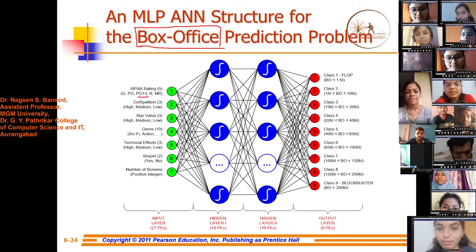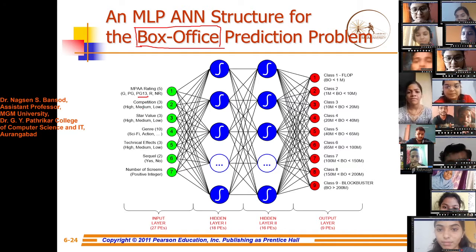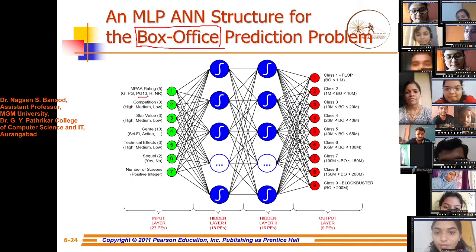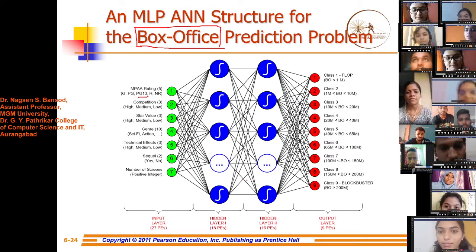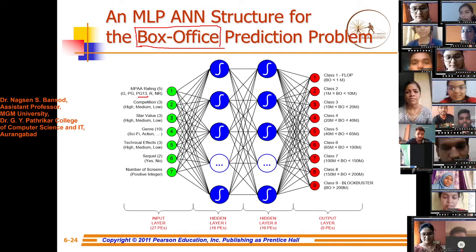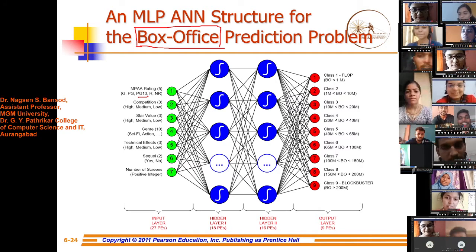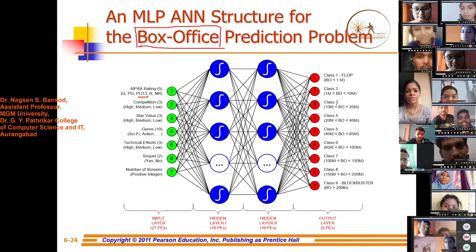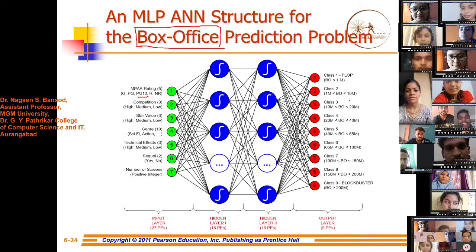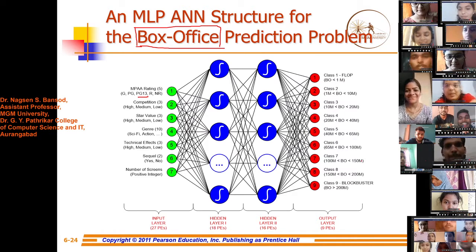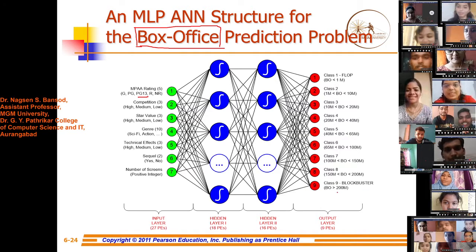With this neural network, we can solve the problem to get the profit: good profit, flop movie, good result, or blockbuster movie.